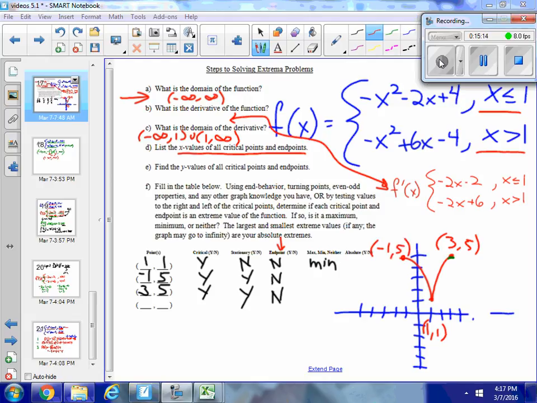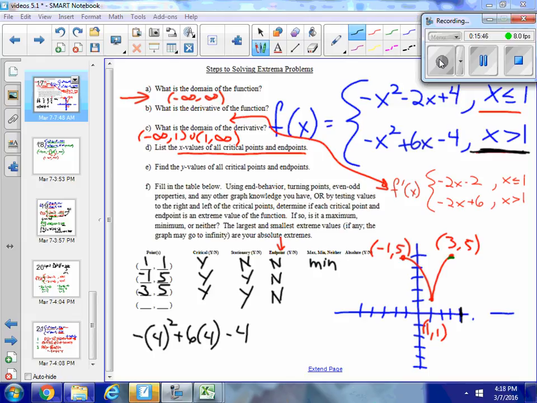So why don't I test the point, I don't know, x equals 4. Because at least that'll tell me in which direction this part of the graph is going to go. So if I test the point x equals 4, I'm going to use this part of the piecewise, because it's for x greater than 1. So I would have -4 squared plus 6 times 4 minus 4.